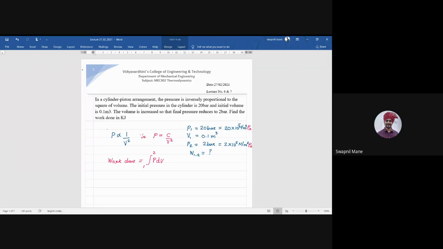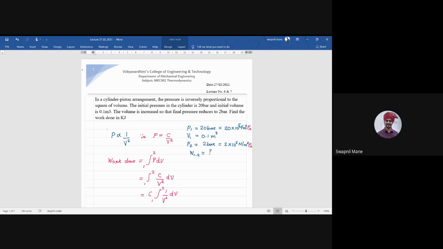Yes or no? So I will substitute that over here. In place of P, I will write integral 1 to 2 C by V square dV. So C will come outside: C integral 1 to 2 1 by V square dV.